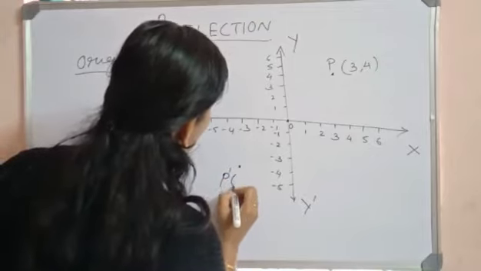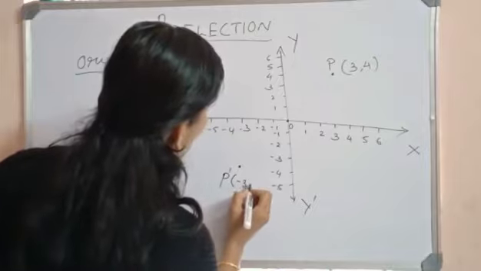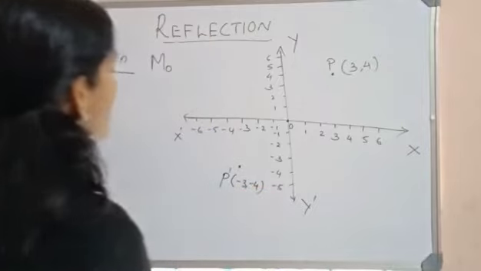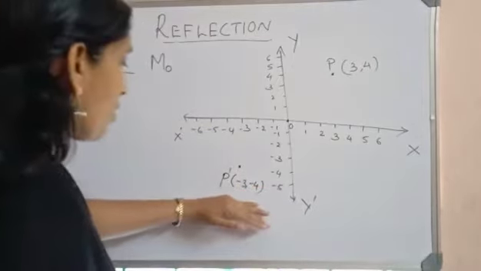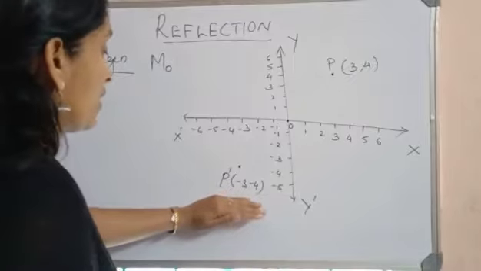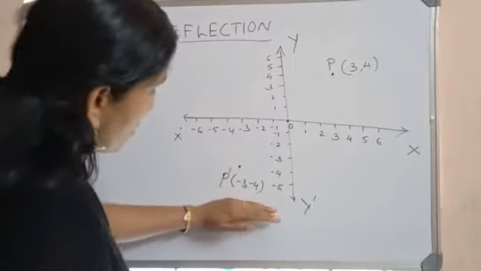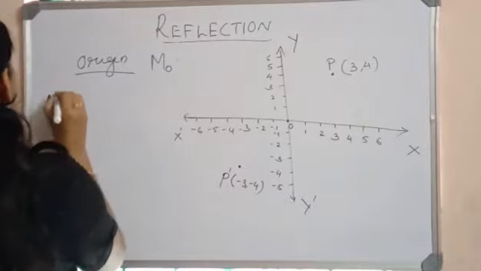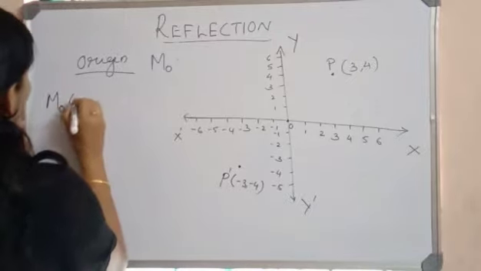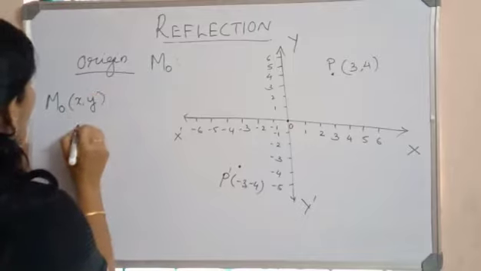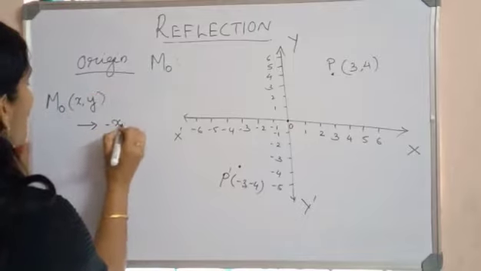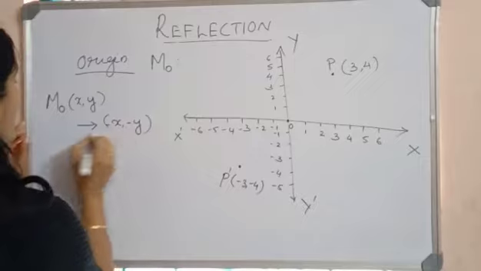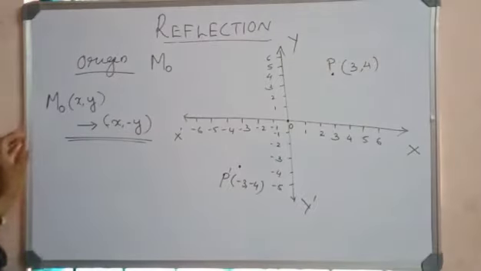P dash is (-3, -4). We can see that both the x coordinate as well as the y coordinate change and become negative. So whenever the transformation takes place in the origin, Mo, any point (x, y) changes to (-x, -y). This is the reflection.